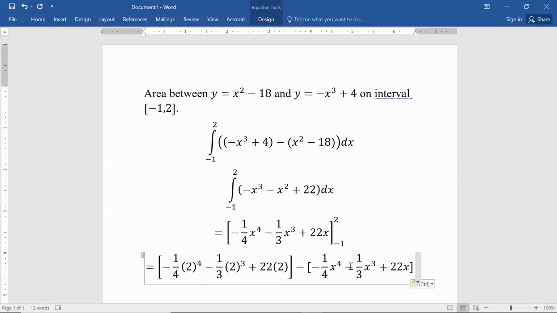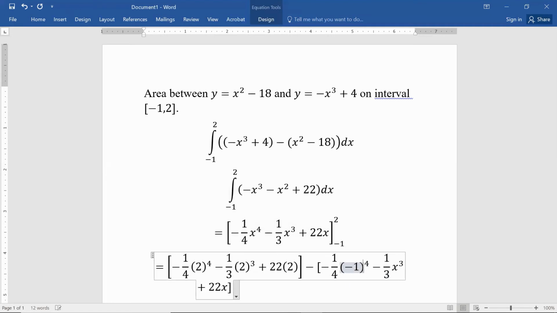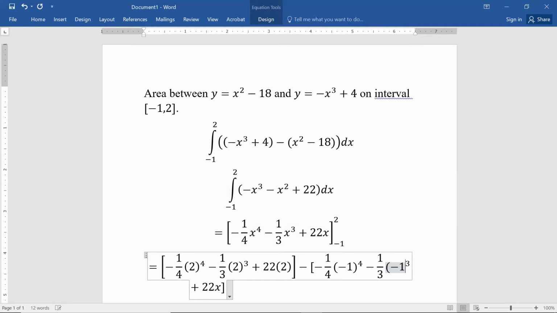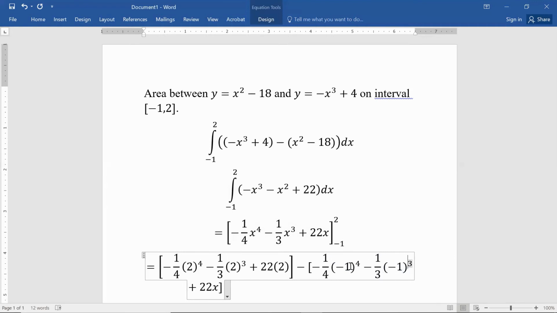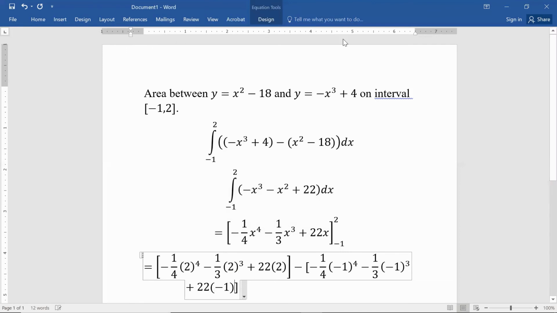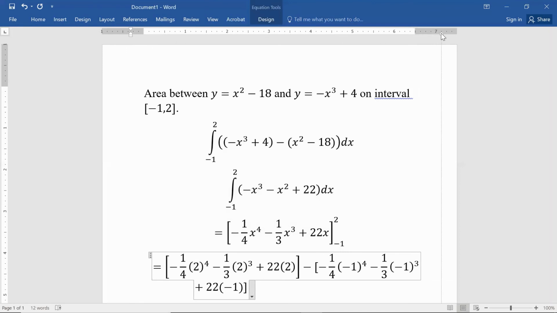I'll run out of room. That's fine. So everywhere I see an x, I replace it with -1. I don't think I can expand my margins right here enough to get it back on the page.